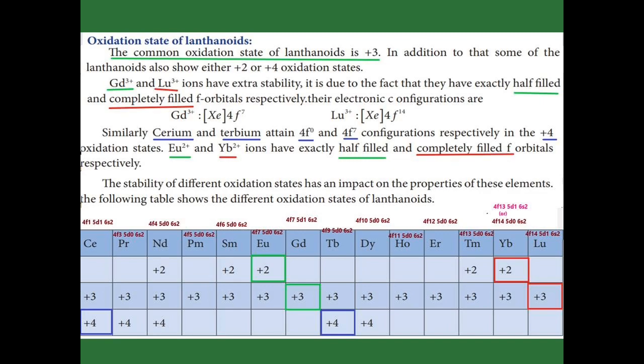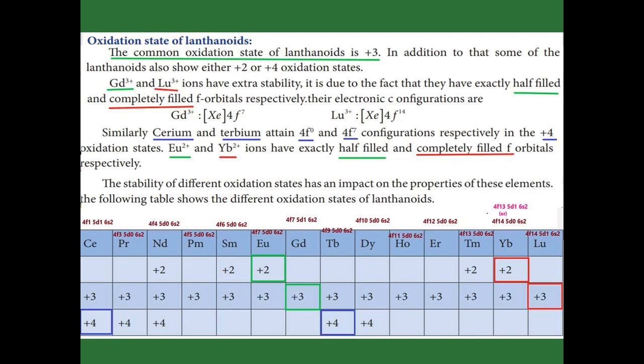In gadolinium, the actual electronic configuration is xenon 4f7 5d1 6s2 for the outer electrons. Here we lose the 5d electron and the 6s electrons, and it attains the stable configuration 4f7, so gadolinium 3+ is a stable one. The only oxidation state for gadolinium is +3.